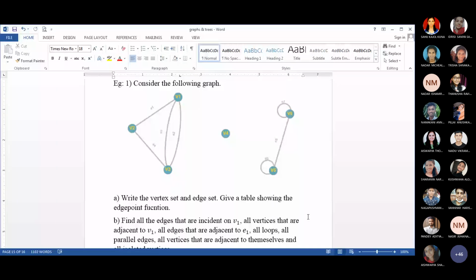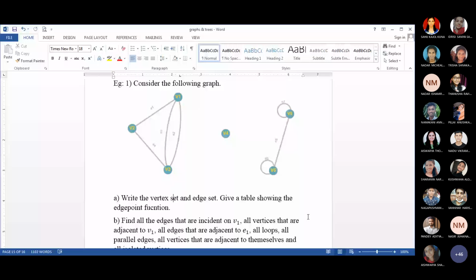All vertices that are adjacent to V1. V2 and V3. Okay, good.